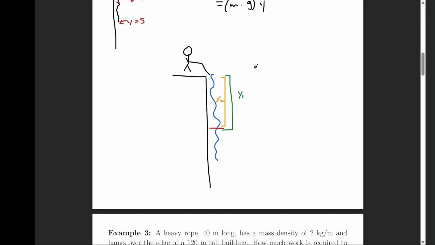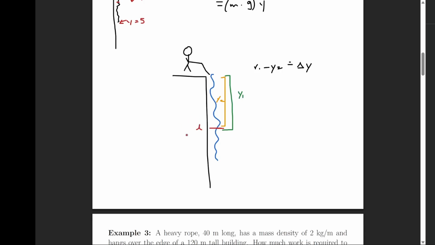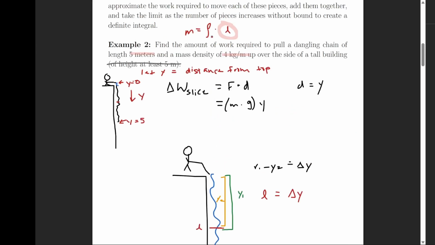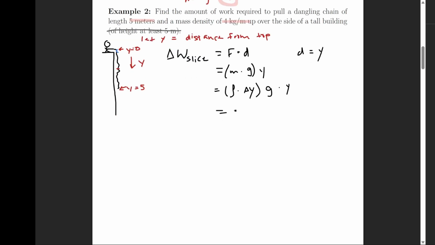So then write it out: y1 minus y2. Well, we know that this is also going to equal delta y, the change of y. So now we can rewrite the length of this slice as that. So instead of this right here, we can rewrite that the mass is going to equal the density, which is rho, times the length, which we just explained would be delta y, because it's a difference between two y's, okay? And then don't forget the g times y, which is the distance, okay? And then you have rho g y times delta y.